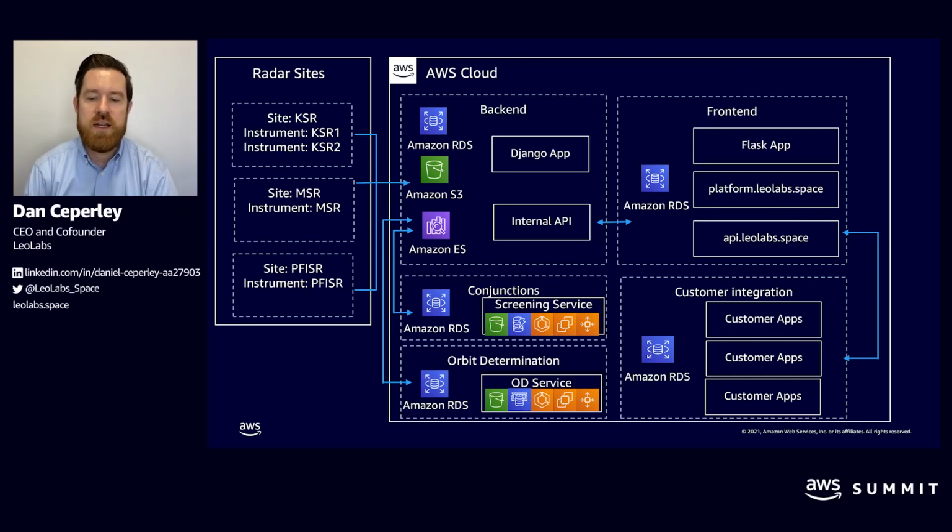Then over on the front end side, we've got a set of tools that are supporting the API and ultimately our online dashboards, and are able to scale up as we have more users logging in and connecting to the system. One other thing that's important here is the different customers like to interact with the system in different ways. They need data on different cadences, different formats, and the like.